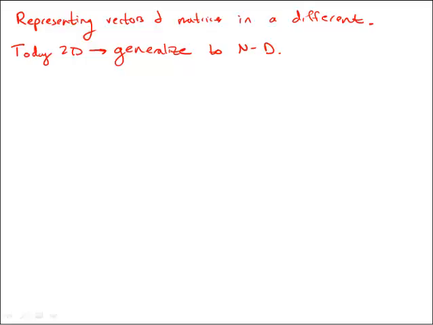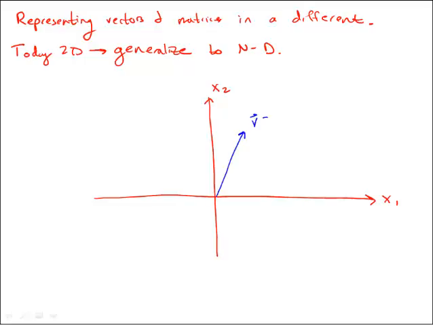So let's draw a picture. Let's start with our standard coordinate frame, or standard basis, as they say, and we'll label our axes x1 and x2. And let's throw a vector in here, v. V for vector. And there are 2 dimensions, so our vector has 2 numbers, v1 and v2.